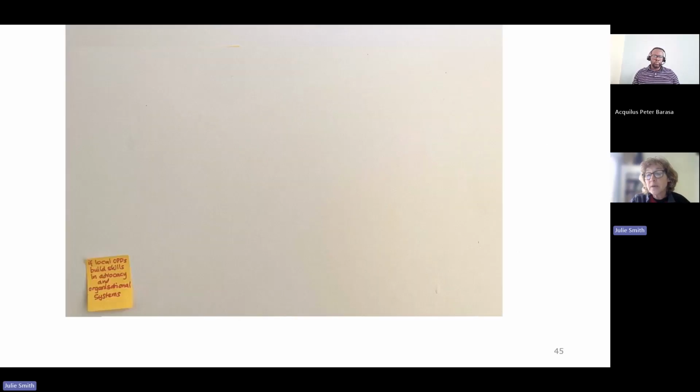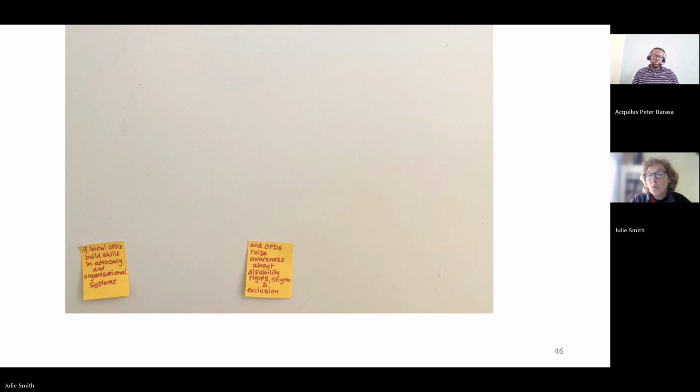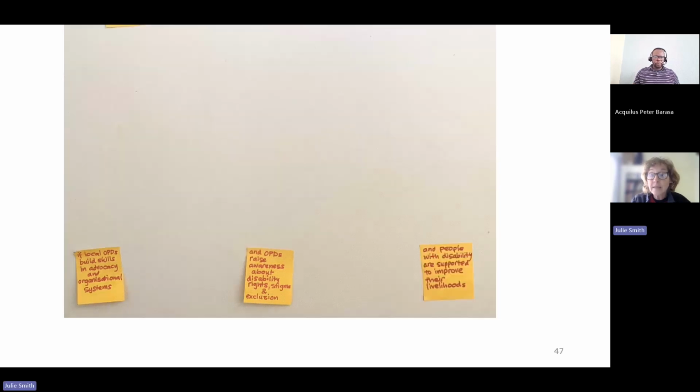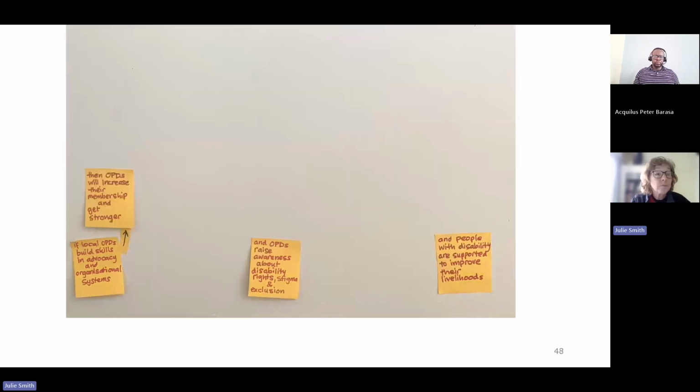What we started by saying, if we build local OPDs, organisations of people with disabilities, and if we build skills in advocacy and organisational systems, and OPDs raise awareness about disability rights and stigma and inclusion, and if people with disabilities are supported to improve their livelihoods, so the 3 things down the bottom, then we can make an assumption that will lead to OPDs increasing their membership. They'll get stronger.